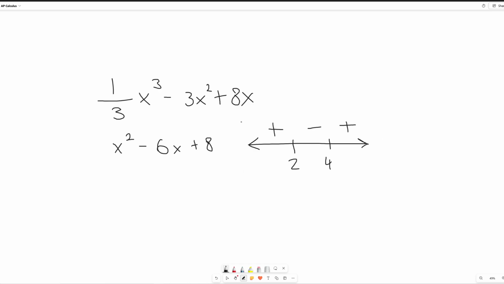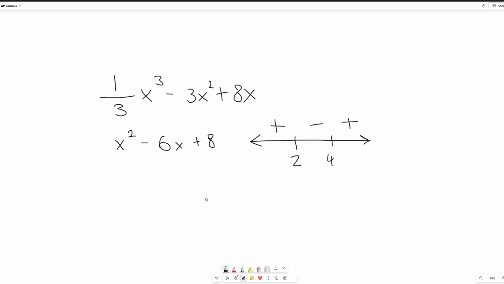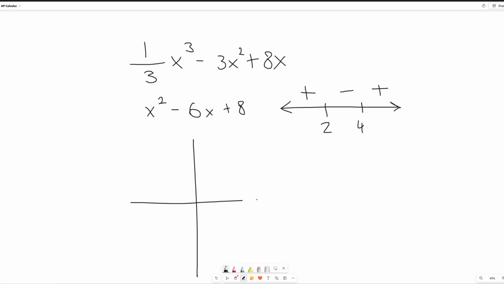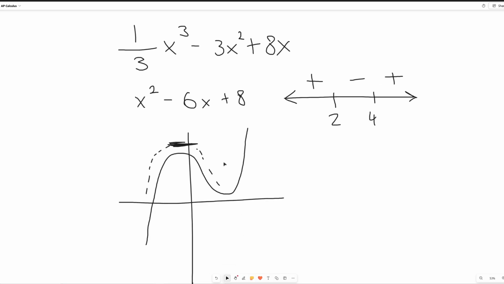So, if you think about how the slope will look at a maximum or minimum, I'm just going to draw this right here. At a maximum, the slope is positive, positive, positive, and then it hits 0 at the maximum, and then it turns negative. And then, for the minimum, it's negative, negative, negative, it hits 0, and then it turns positive and starts increasing, the graph of the function.